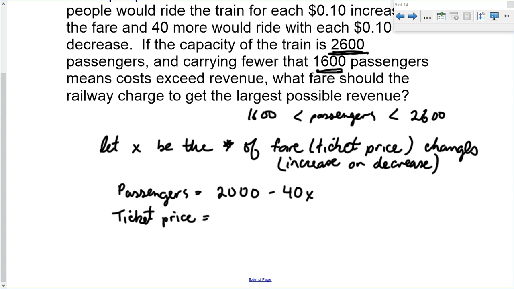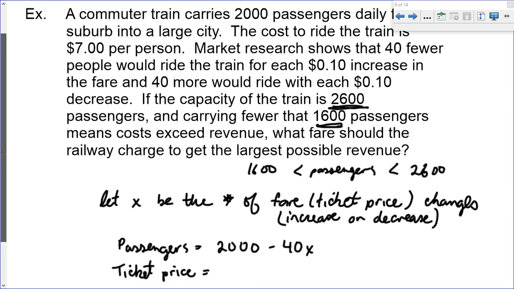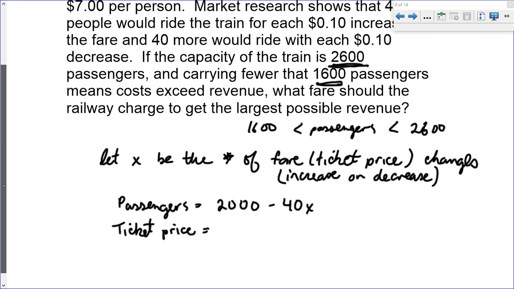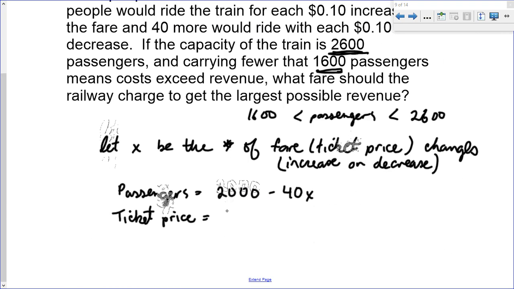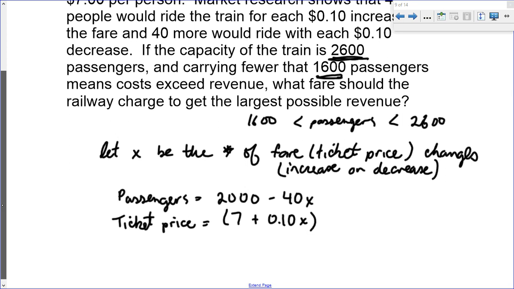My ticket price per person is $7, and I'm considering increasing my price by increments, where x would be positive or negative, and each change results in an increase of 10 cents onto that $7.